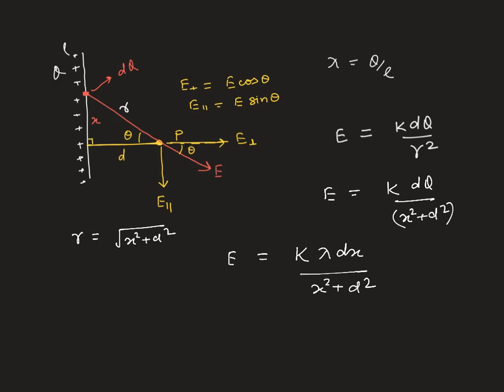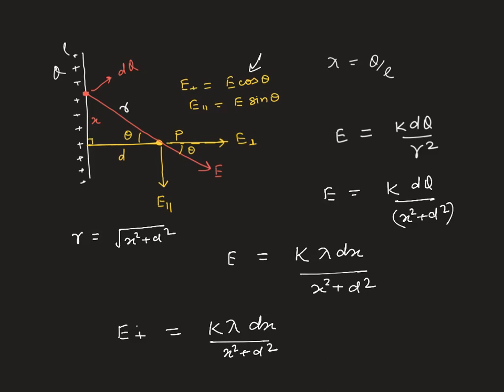Now we have to find two fields. The first one is E perpendicular, and E perpendicular will be equal to k lambda dx upon x squared plus d squared times cos theta. So what would cos theta be equal to? Please focus on the right angle triangle.